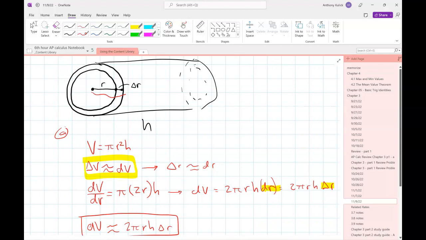So if I take the volume of something with respect to the inner radius, and I find that differential, that's going to approximate as if that thickness was 0, which is fine.